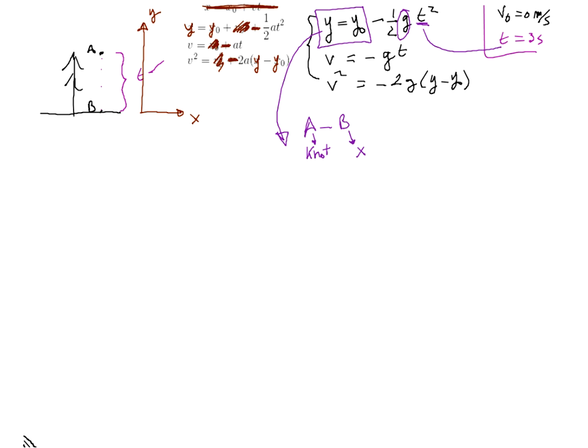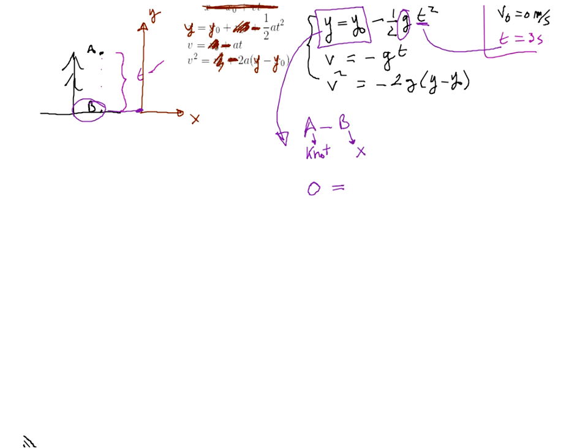How do we know where y is? If you apply the first equation between A and B, B refers to the variables that don't have a naught. At B, our position is 0. This y refers to the position at point B, which from our diagram, because we drew it along with the coordinate system, tells us right away, this is 0. Therefore, we have a 0 here.